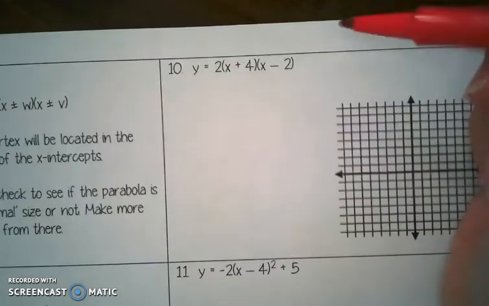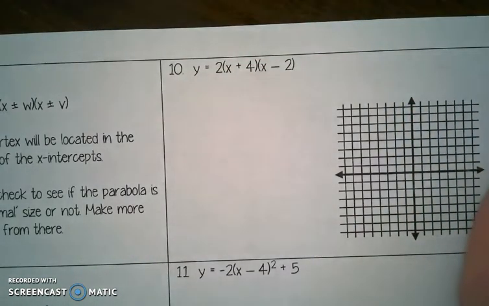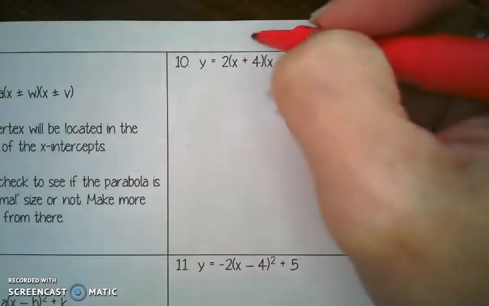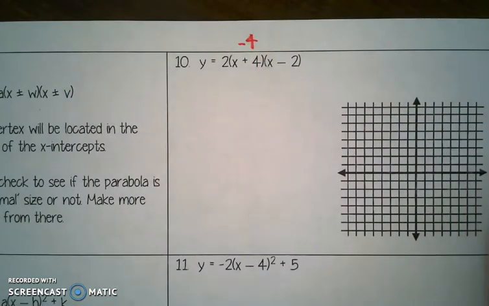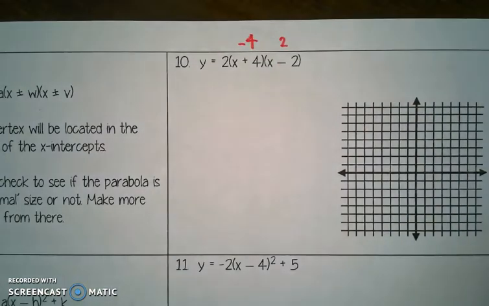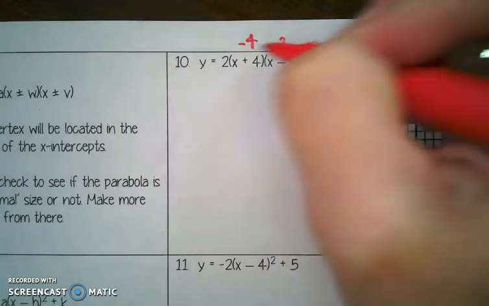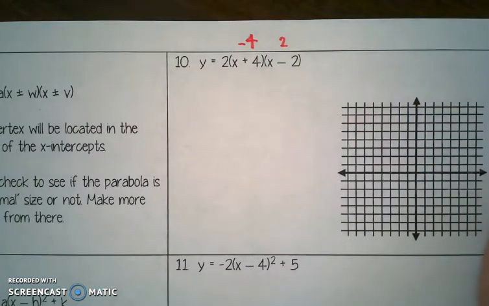So if we go over here, if we were to solve this, it's already factored for us. So we know that -4 would be one of our roots, or zeros, or intercepts, and +2 would be the other one. So what we need to do now is figure out what is the middle of -4 and +2.